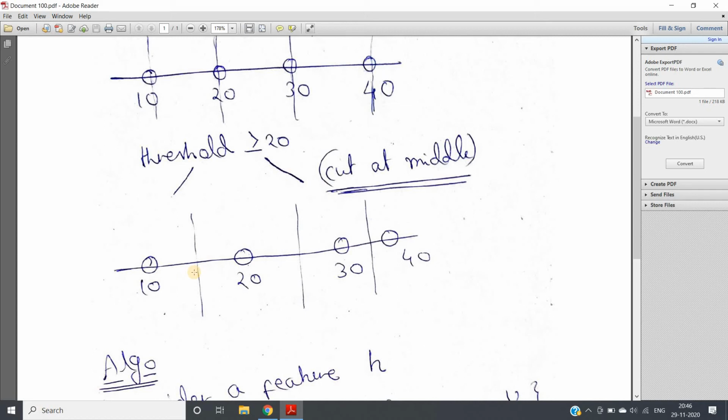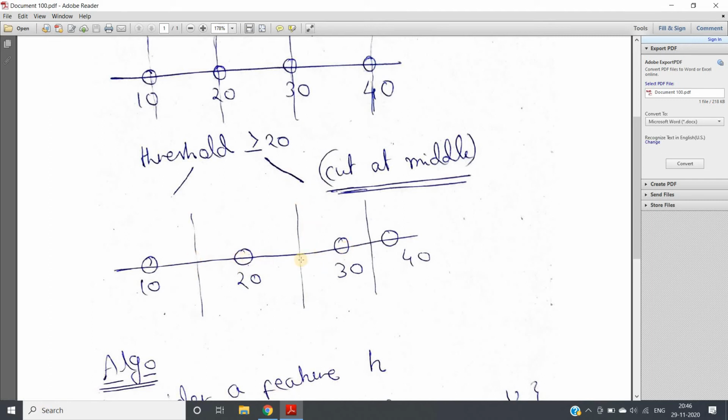First, take one particular feature, take the distinct values, sort them, and arrange like this. Each time you try with the middle value as threshold. So first, in between 10 and 20, I make one cut at 15, with threshold greater than or equal to 15 and threshold less than 15, and calculate the error.